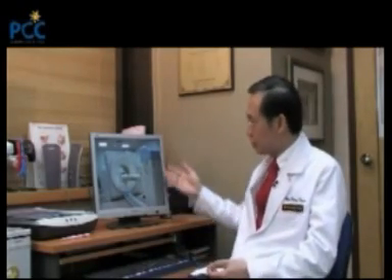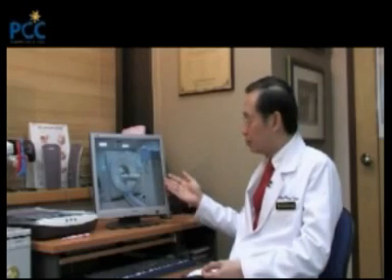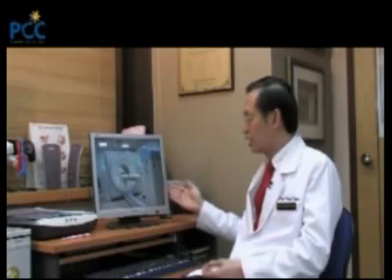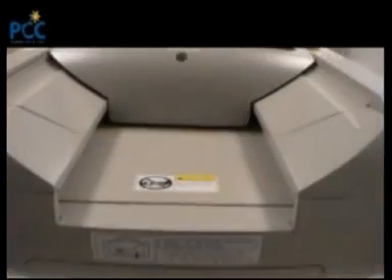And this has made a great deal of difference in the way in which we can study the structural as well as the metabolic activity of various abnormalities like tumors and infection. This is a picture of a PET machine. It looks exactly like a CT scan machine.